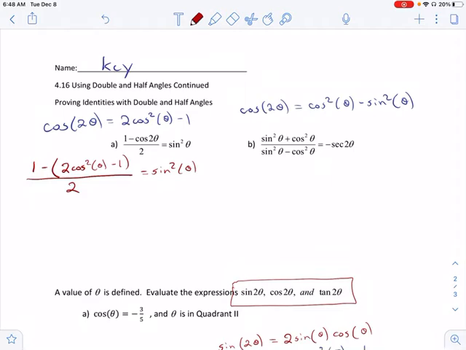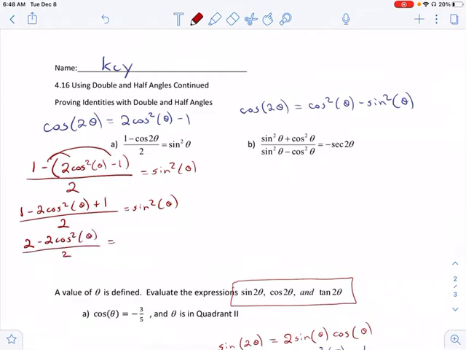That's going to highlight the fact that I need to do a sign switch on that minus 1 coming up. So this actually becomes 1 minus 2 cosine squared theta plus 1, all divided by 2. So from here, it looks like I can call this 2 minus 2 cosine squared theta, all divided by 2.